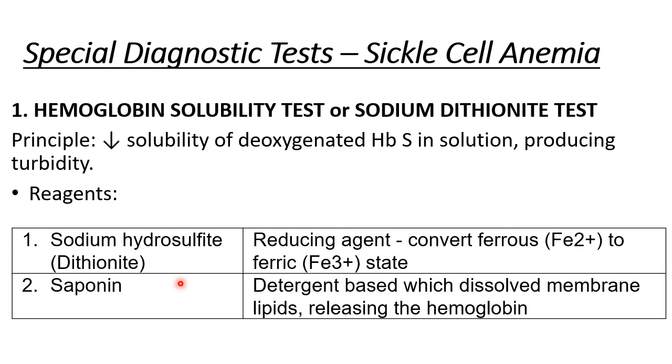Normally, yung ating mga normal hemoglobin, magkakaroon ng lysis, kumbaga. Okay? And they are not resistant with this type of reagents. Kapag ang RBC mo contains hemoglobin S, resistant in lysis, therefore, turbid ang color of the specimen.